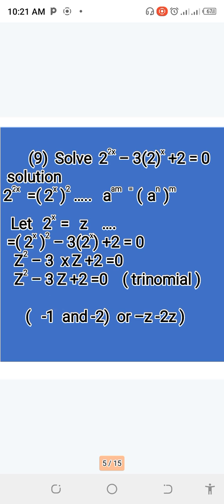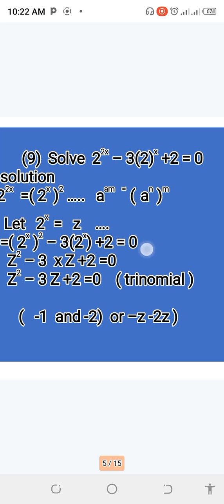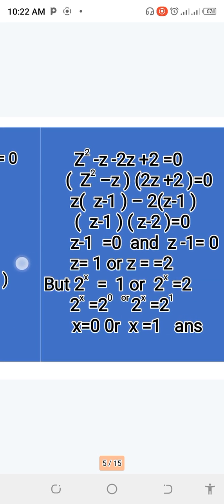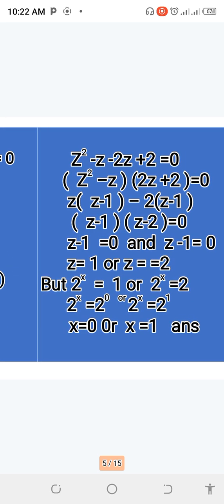So we are going to replace this 3z with z and 2z in the equation. So it becomes z exponent 2 minus z minus 2z plus 2 is equal to 0.